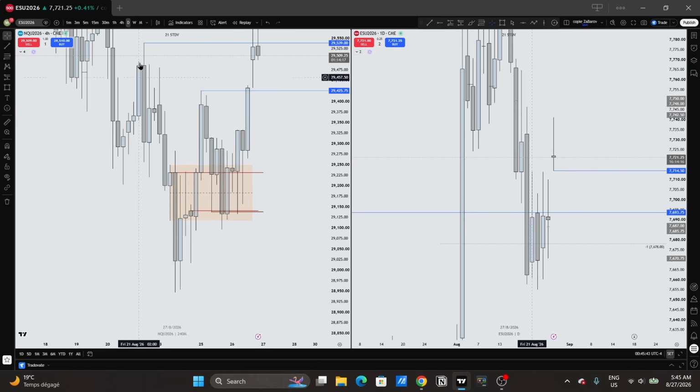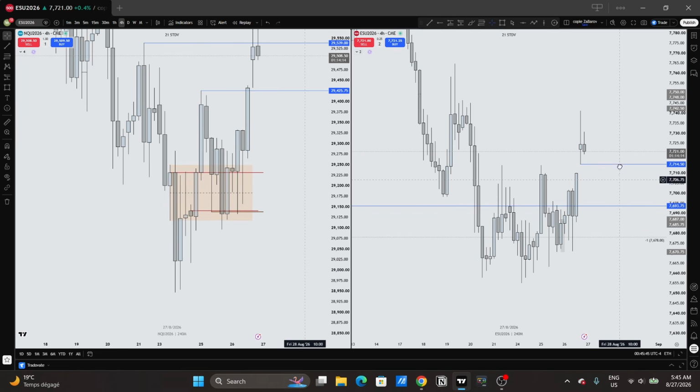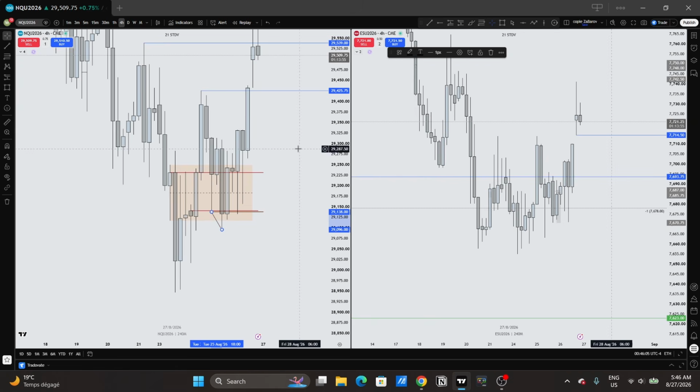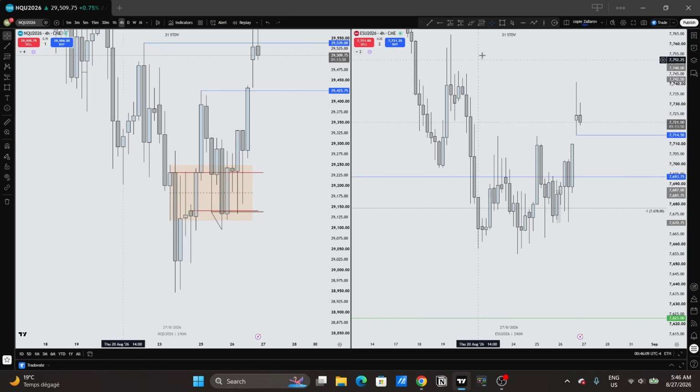And then let me see if we had any SMTs or something. You can see here that we already had an SMT with this low and a stop hand on this 4-hour order block and on this 4-hour breaker block. So let me write the confirmations so you can understand.